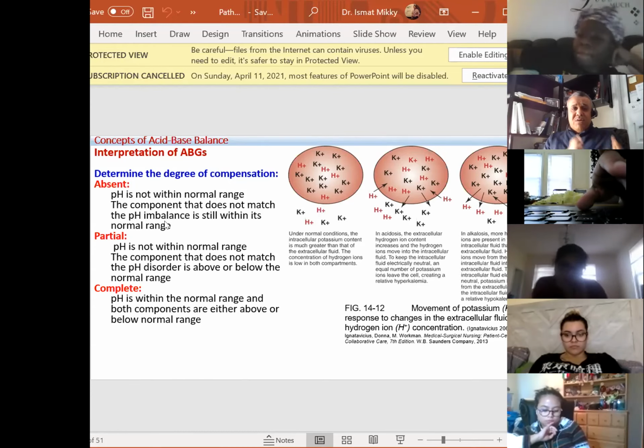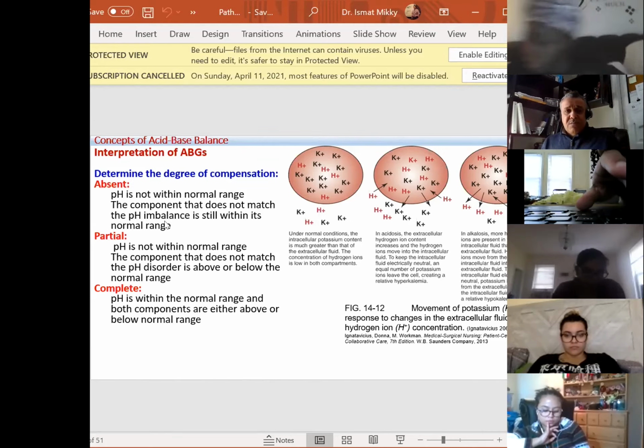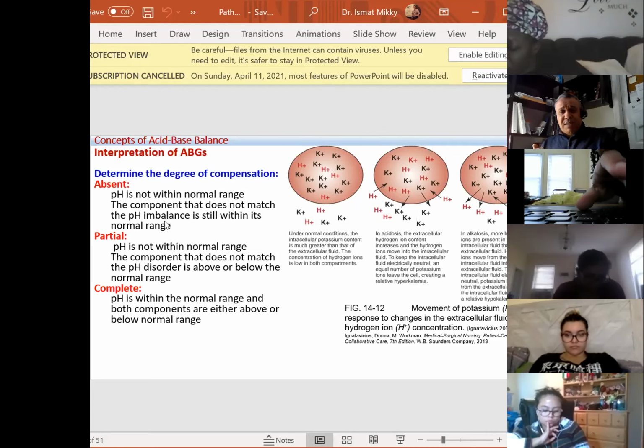So just remember that acidosis will lead to hyperkalemia, and hyperkalemia will lead to acidosis because of this exchange between K plus and H plus. They always go hand in hand. That's very evident in patients with renal failure. You will find that all the time with patients with end-stage renal disease.